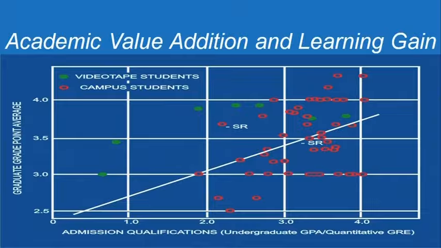This student's grade point average at entry was 0.7 or so, but at exit it's 3. Significant gain in GPA. You do not expect somebody who comes in with a very low GPA to go out with a very high GPA.